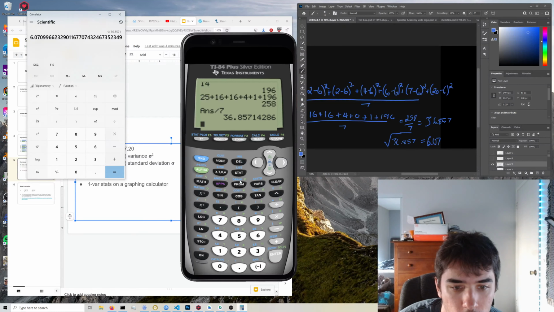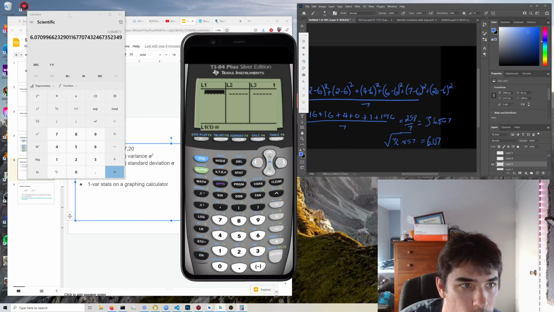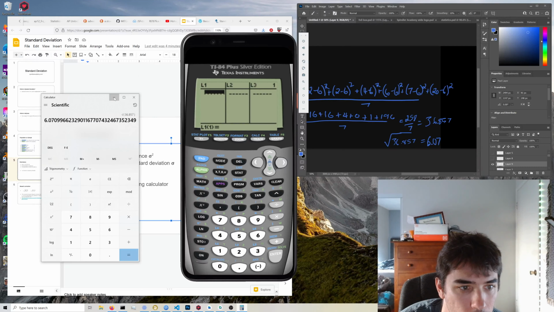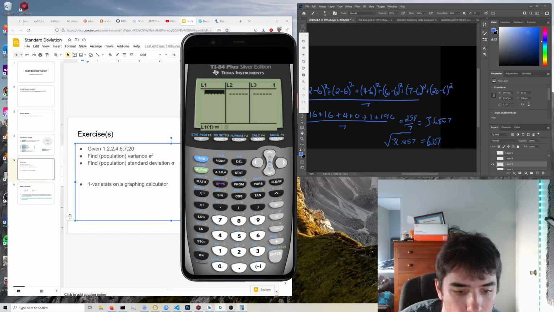If I wanted to put those into the calculator and calculate it another way, let's go 1, enter, 2, enter, 4, enter, 6, enter, 7, enter, 20, enter.